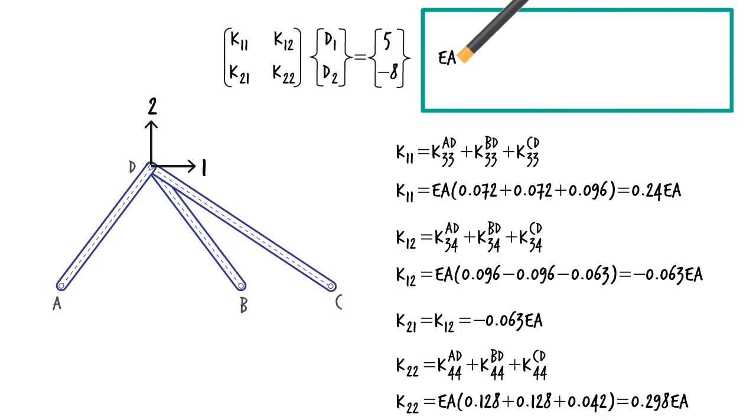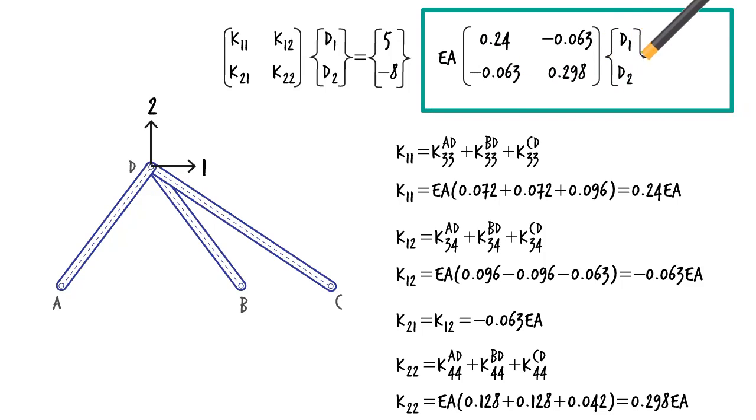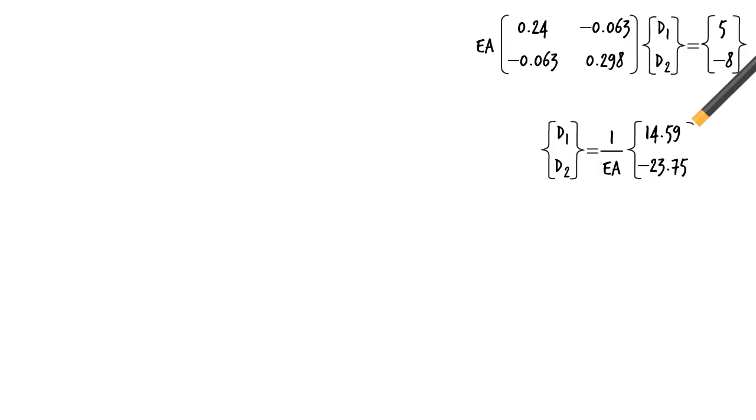So here is the system of equations that we need to solve. Use your method of choice to solve the equations for the unknown joint displacements. D1 and D2 are: now that we know the joint displacements, we can use the member equations to calculate member end forces.